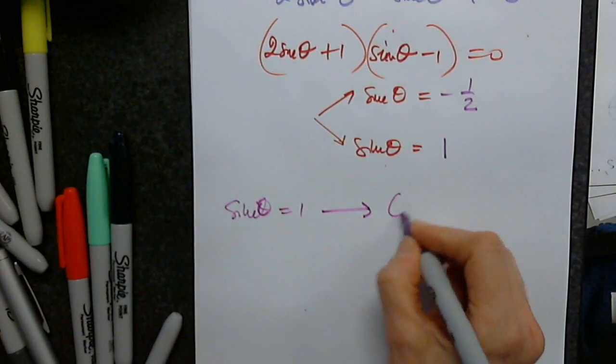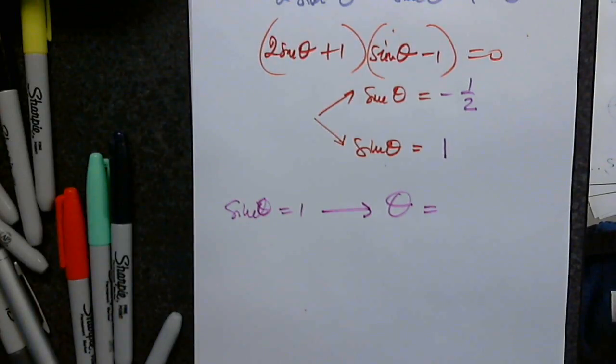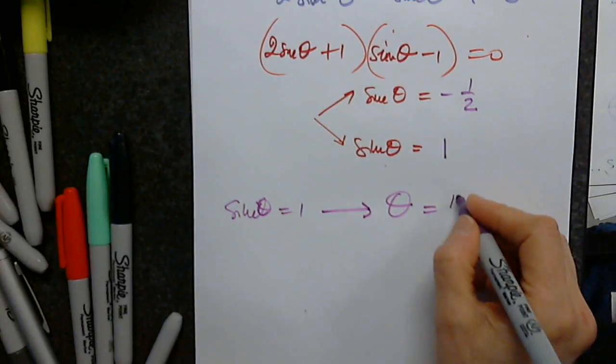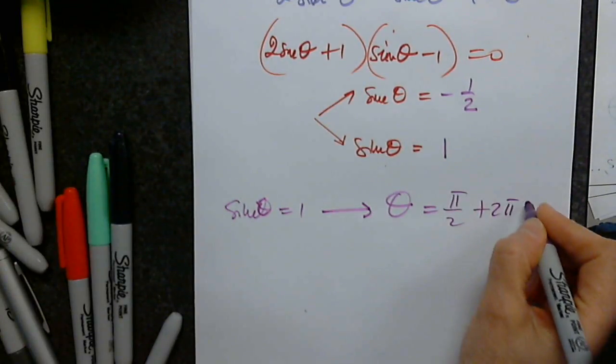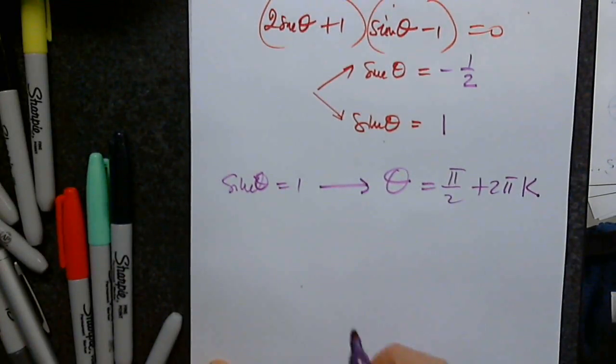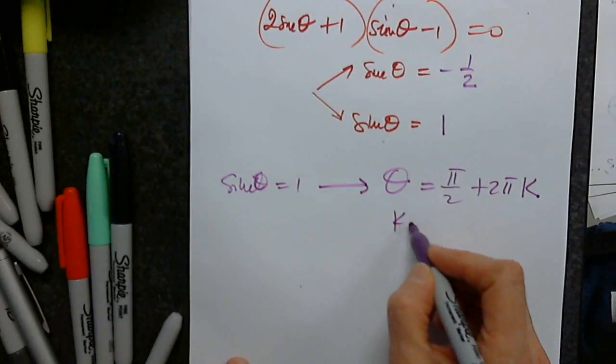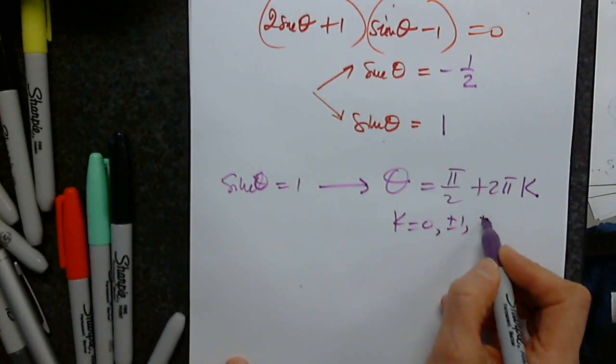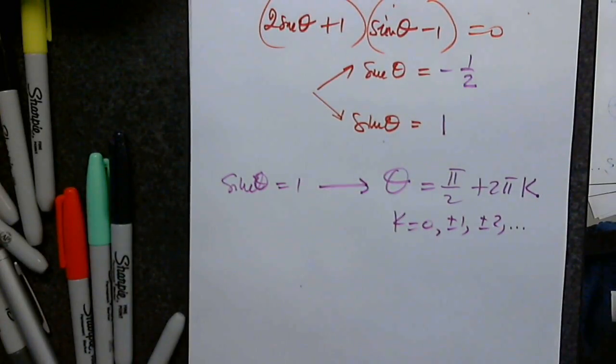There is only one option for theta equals pi over 2 plus 2 pi k. But I have to write what k means. You either say k is an integer, and I'm happy with that, or you write k equals 0, plus or minus 1, plus or minus 2, dot, dot, dot.